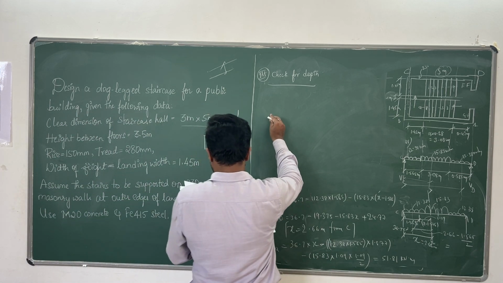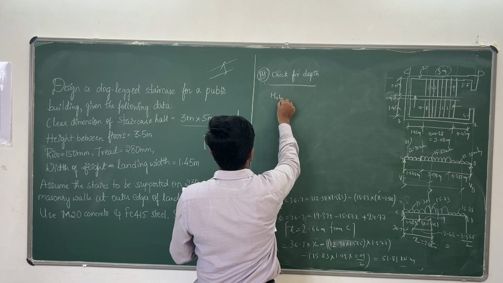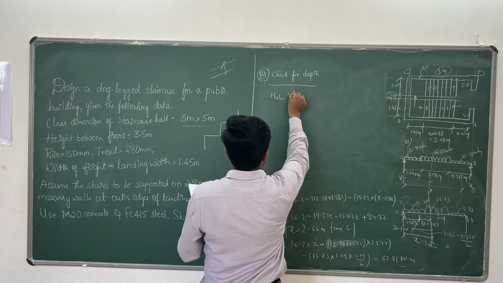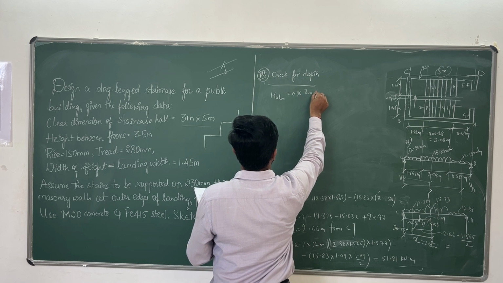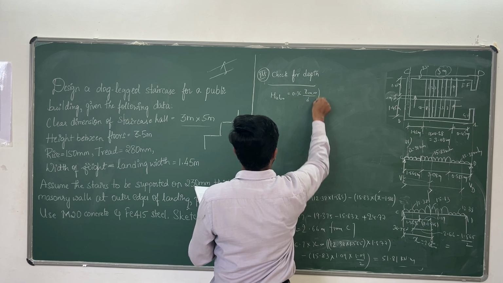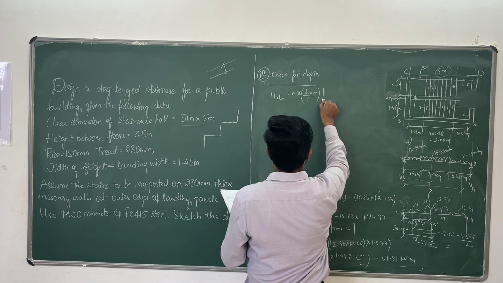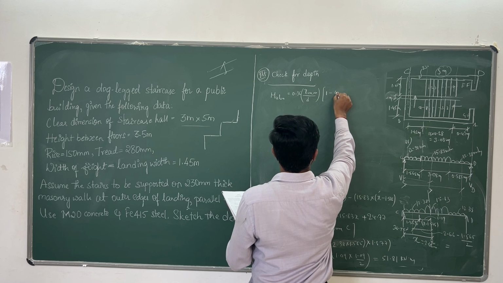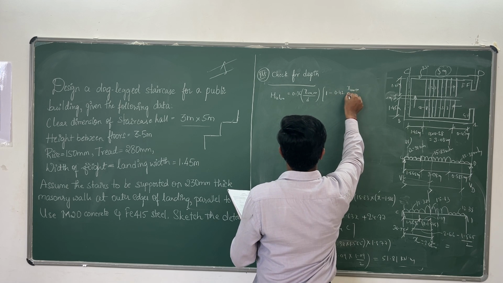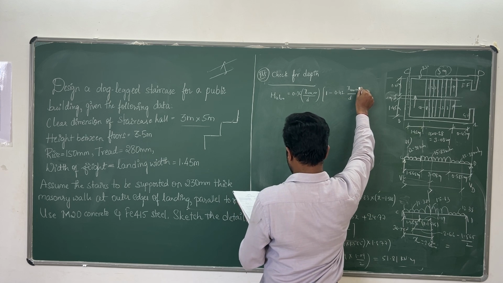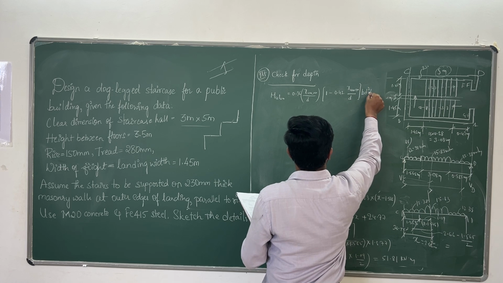For this you have to use the equation Mu limit equals 0.36 xu max by d, times 1 minus 0.42 xu max by d, times b d square fck.